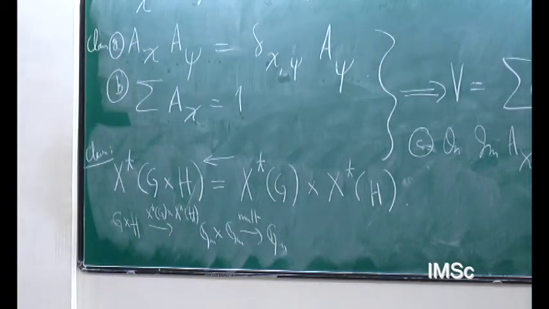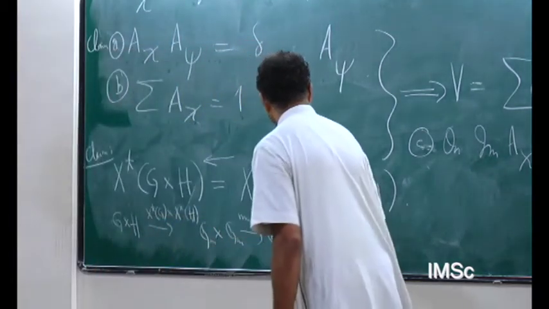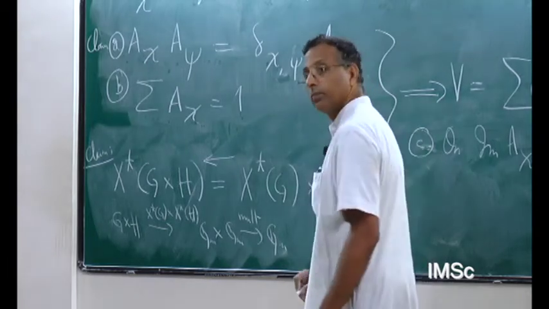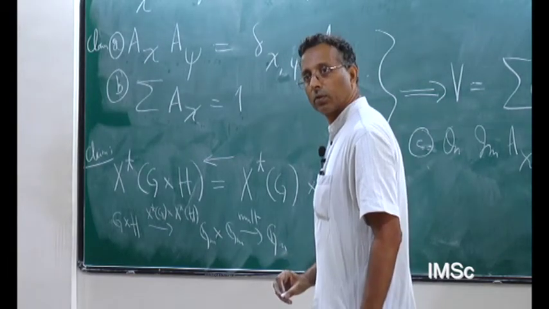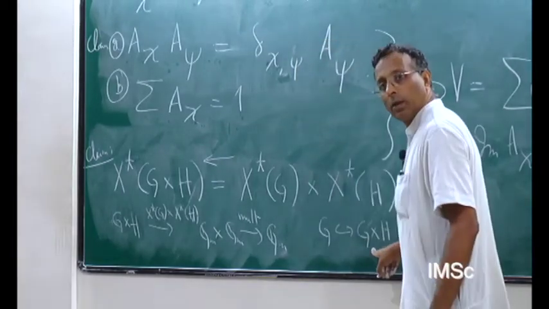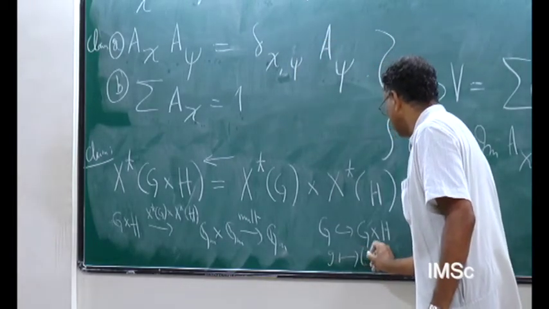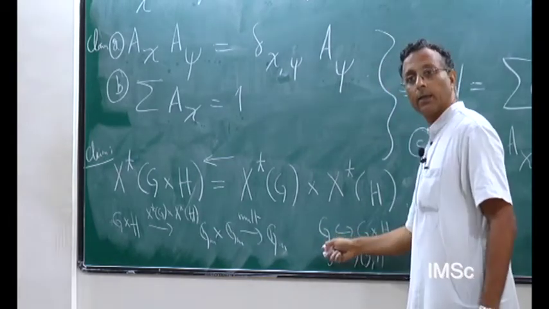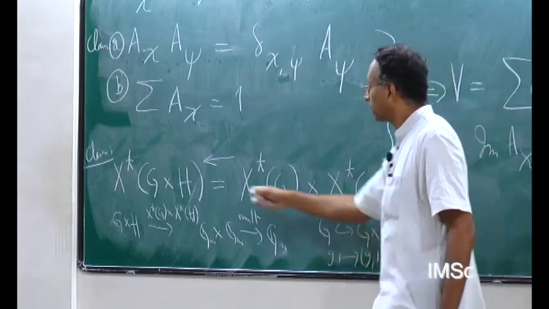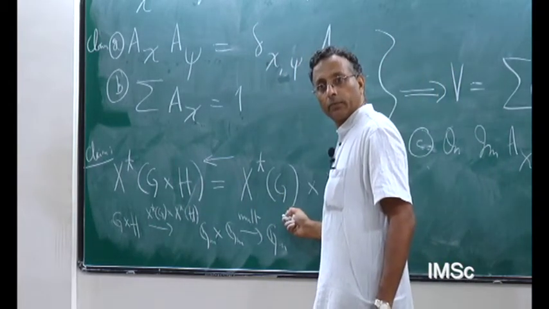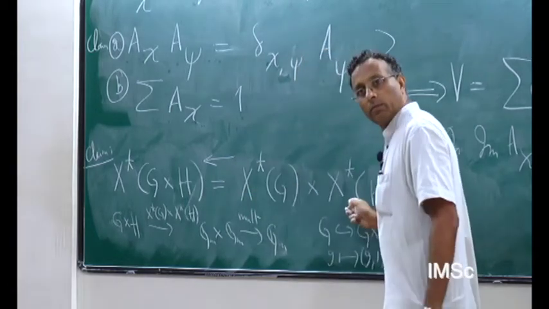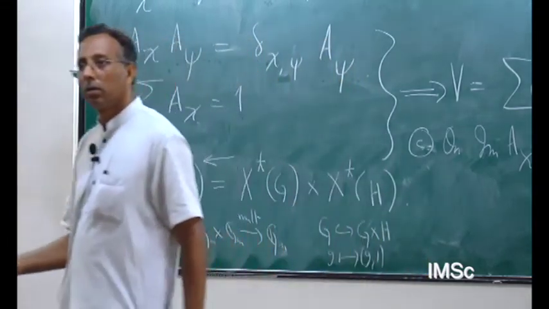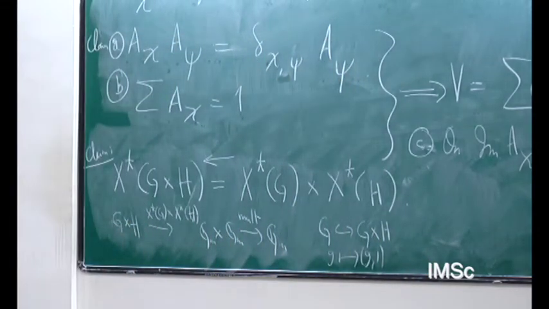Now, how do I get the map the other way? Let's do it slightly more generally, that will be clearer. You can think of G as sitting inside G cross H, by G going to (G, 1). And then if you are given a character here, you can restrict that character and that will give you the first projection. Similarly, you have a second projection. And then prove that these maps are inverses of each other.